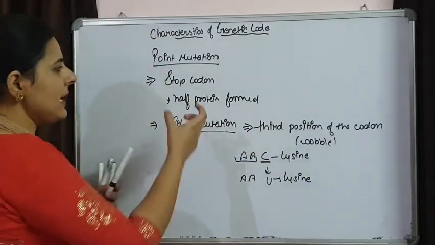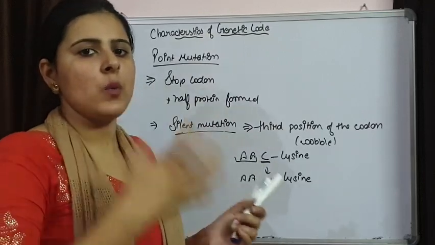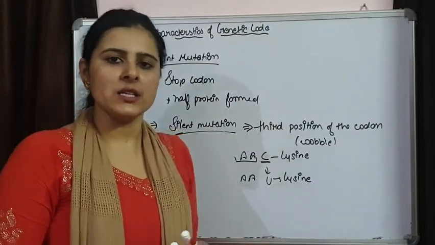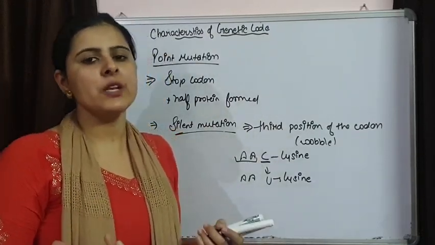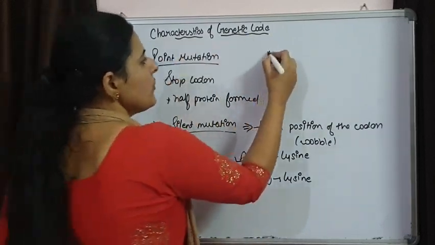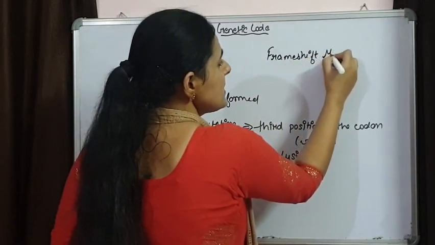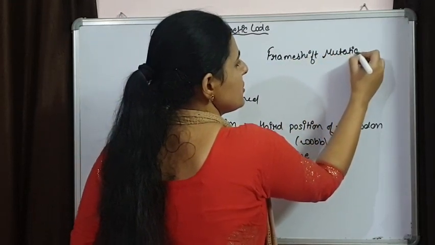Another type is missense mutation, where one amino acid is replaced by another amino acid, and this can make our protein non-functional. Some mutations can also lead to frame shift, so these are known as frame shift mutations.